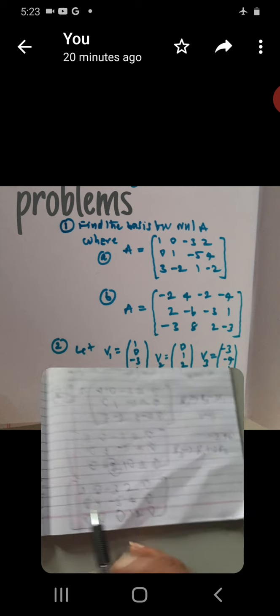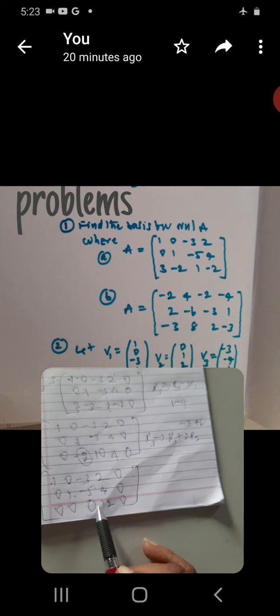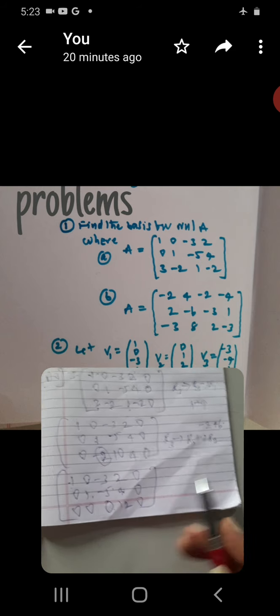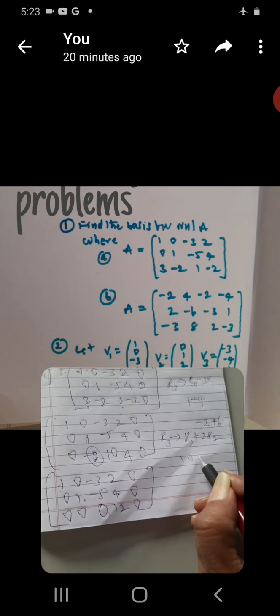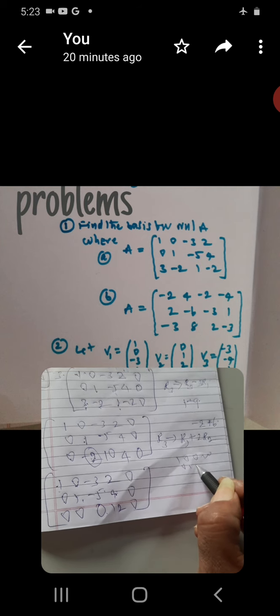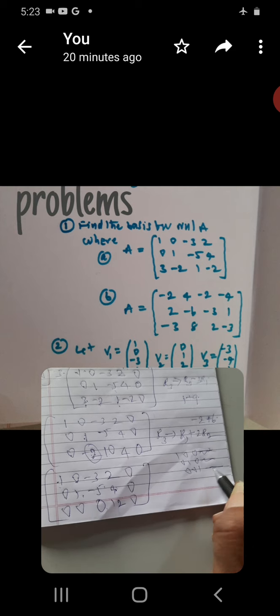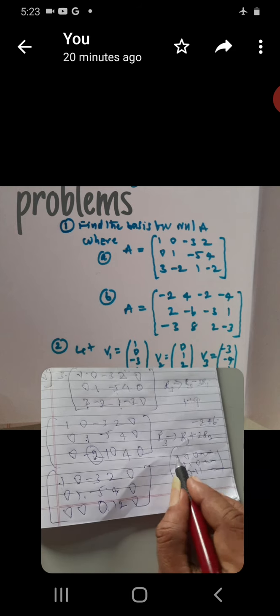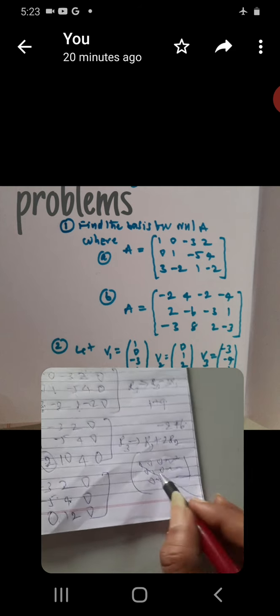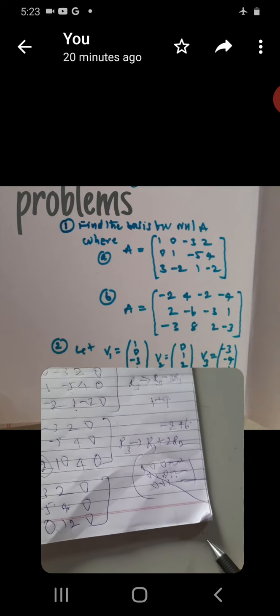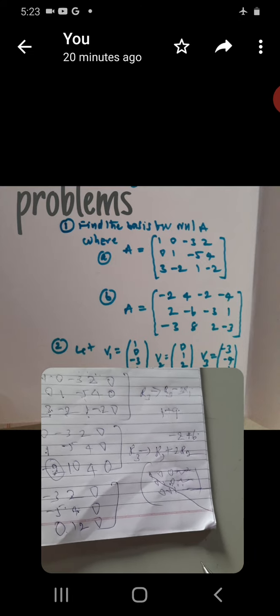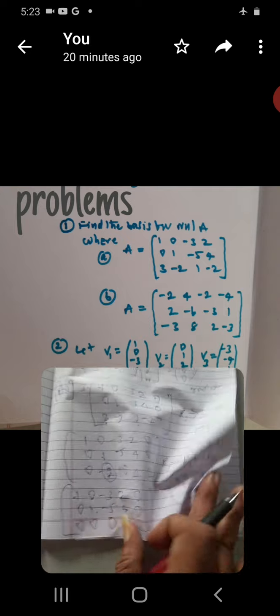The last form is 1, 0, 0, 0; 0, 1, 0, 0; 0, 0, 1, 0, with any numbers elsewhere. Please observe, the main diagonal is one. This is one of the equivalent forms. You convert into this.